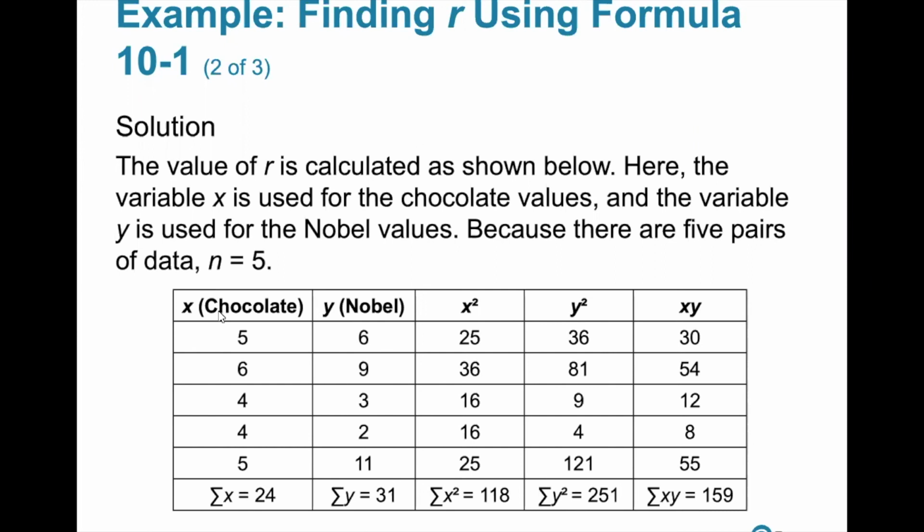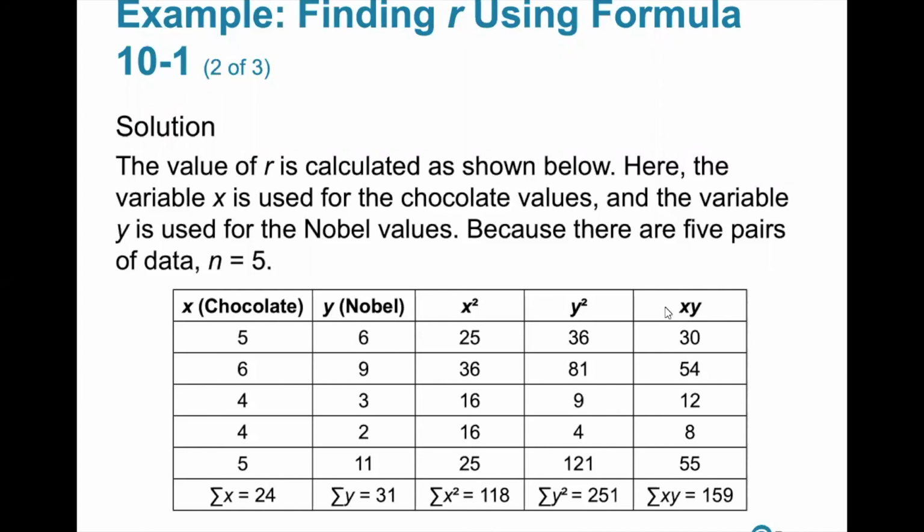Here are the values of X, here are the values of Y, and then we do an X squared column. 5 squared is 25, 6 squared is 36, 4 squared is 16, et cetera. Do the same thing for Y squared. 6 squared is 36, 9 squared is 81, 3 squared is 9.